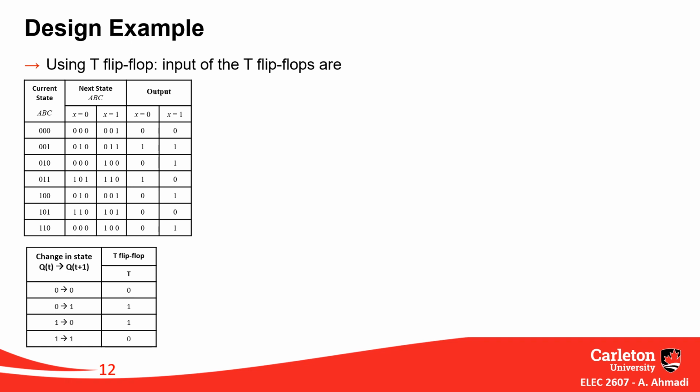Now, let's design the same circuit using T flip-flops. What I need is the same transition table for states to show me how A, B, and C change to next state based on current state and input X, plus a small reminding table showing how the value of a T flip-flop will change if you want to make a transition from 0 to 0, 0 to 1, 1 to 0, or 1 to 1, as we did before.